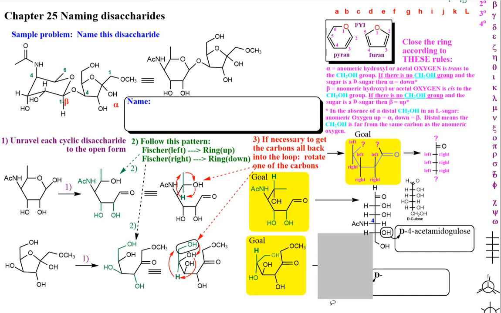And whatever sugar this is here in its Fischer form, we have down right, right, up left, left, down right, that's what made this thing a D sugar. And we have a methyl on carbon 4. So we have to find the ketose. This is a ketose sugar with 6 carbons, 1, 2, 3, 4, 5, 6, and it goes right, left, right.